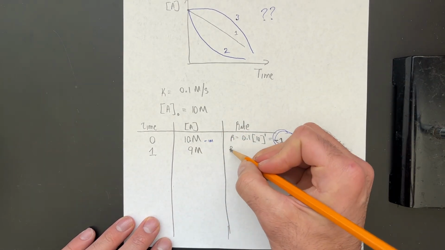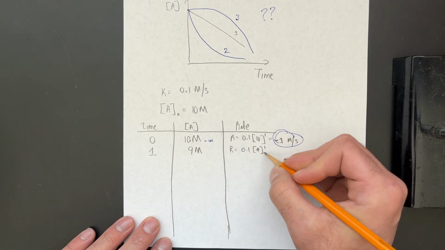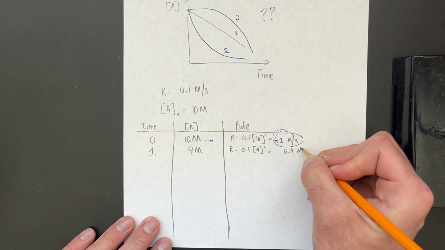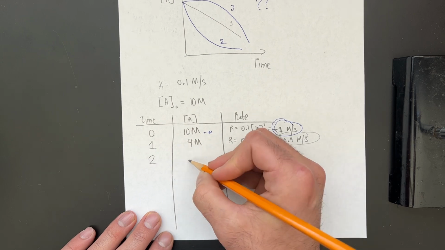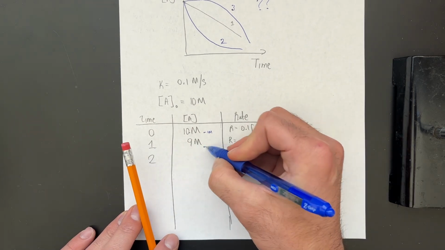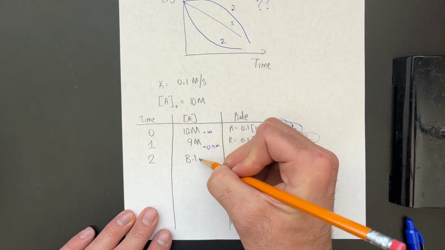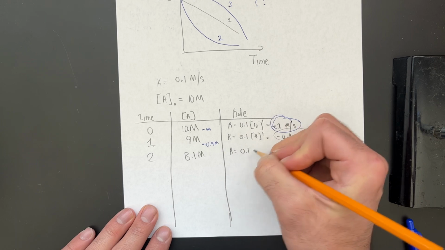Do you see, though, that our rate is going to change, because it's going to be 0.1 times 9, so it's going to be minus 0.9 molarity per second. And so at time 2, we're going to be 9 minus 0.9 molarity, so we're going to be at 8.1 molarity.